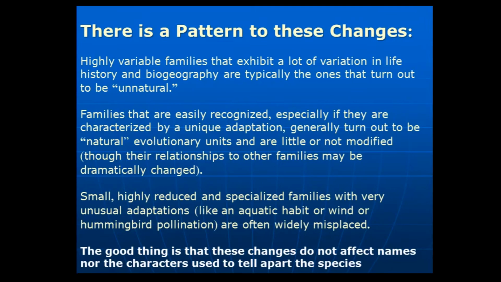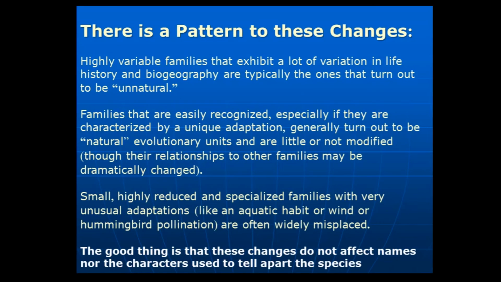There is a pattern when you look at these changes. There really is something that you can predict. Highly variable families that were basically junk heaps of all sorts of different looking things thrown together turn out to be polyphyletic, unnatural. Families that are easily recognized and have a distinctive, unique adaptation often turn out to be monophyletic.